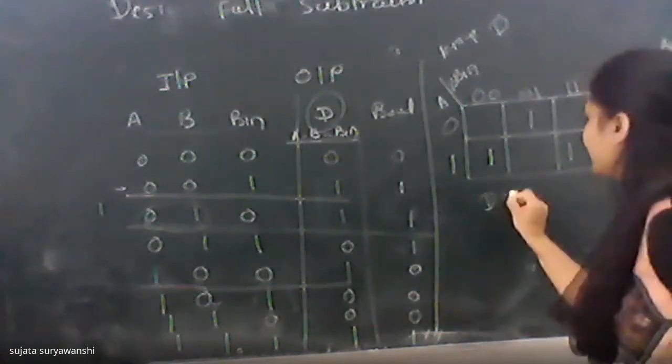Otherwise, consider separately and write down the product term for each one, and simplify that particular expression. At the end, after simplifying the equation, you will get the final expression D is equal to A XOR B XOR B in. Are you getting this? Yes? Any doubt?